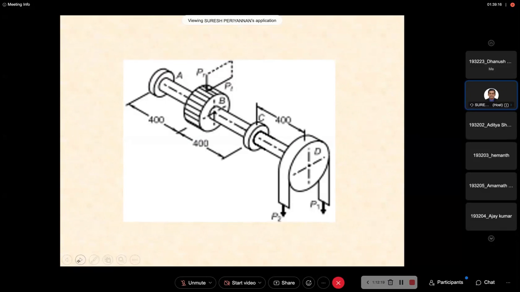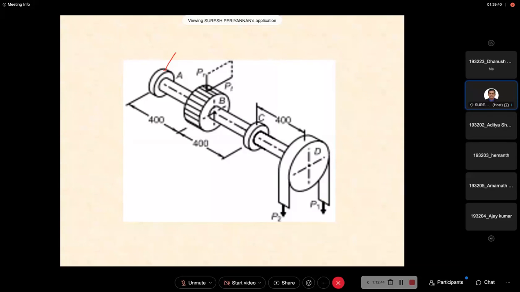The bearing acts as a support, and it should freely allow the rotation of the shaft to transmit the power from one place to another.